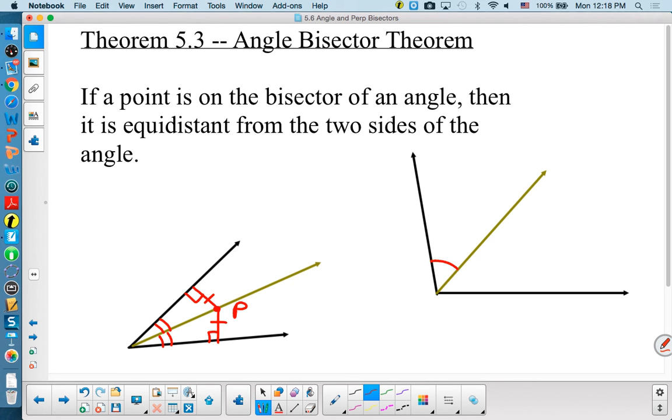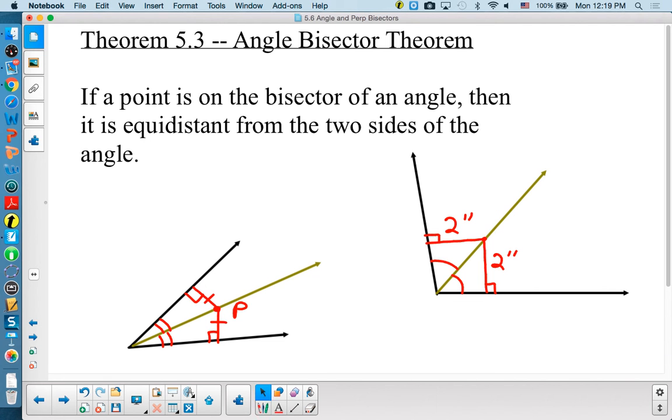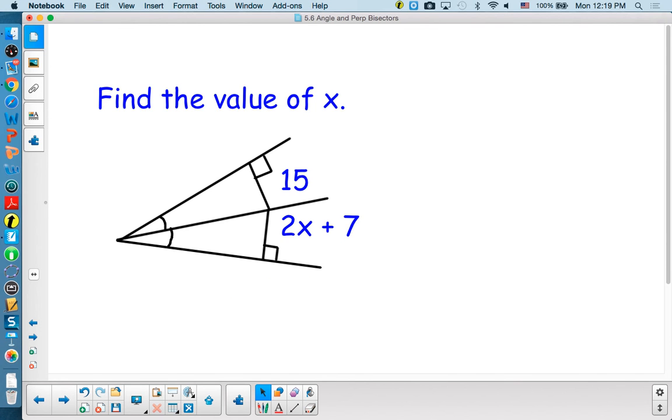Second diagram, angle bisector, a point on the angle bisector, same distance this way and this way. We've constructed angle bisectors before. I think at the end of this lesson I'm reviewing that construction.